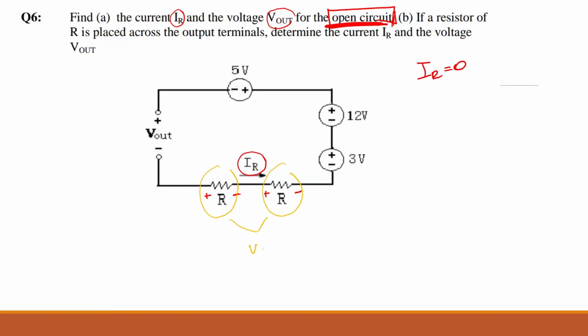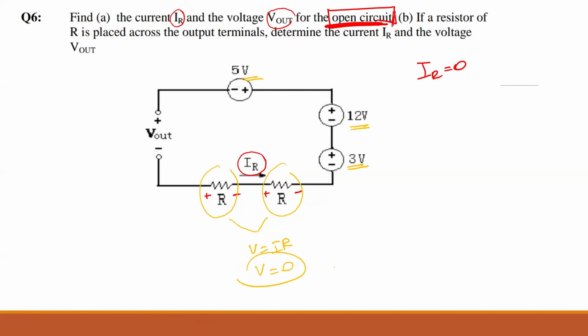Because voltage is equal to current times the resistance, and there is no current flowing. So the voltage across both the resistors is 0. But these are not 0. There is a supply voltage, even though there is no current flowing. Consider a battery. A battery has a voltage. Similarly, there is no current flowing because there is no connection. However, there is a voltage.